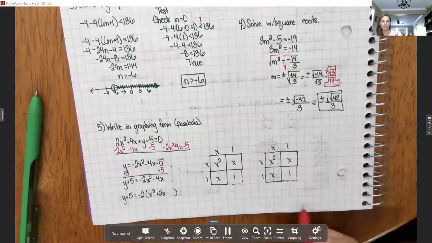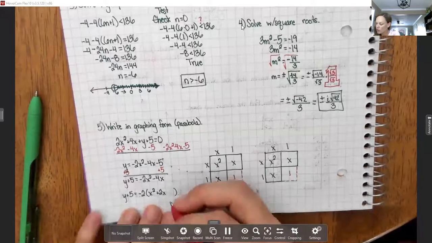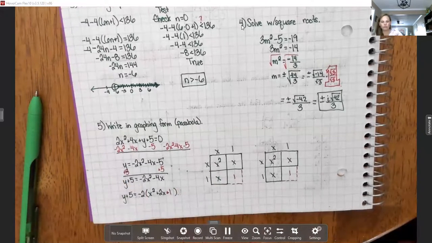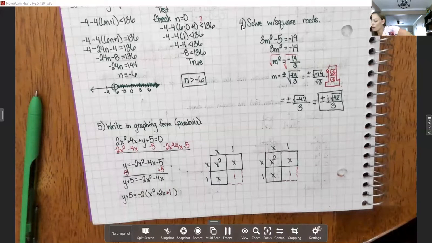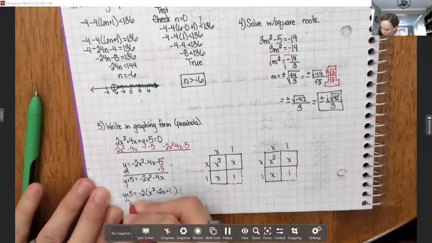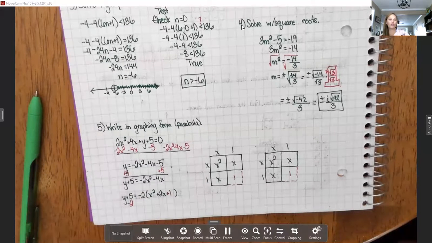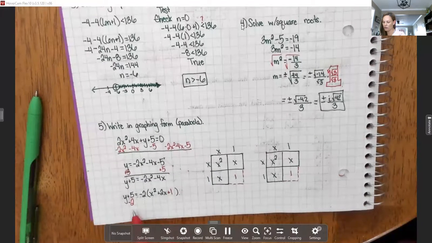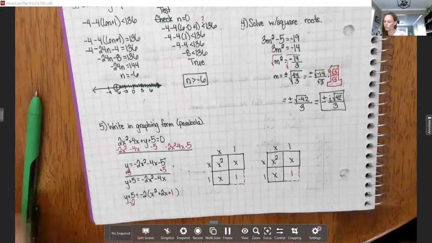So our squares are both missing a 1. So inside my parentheses, that's like writing a +1. But what I'm really putting on the other side is -2. The reason it's -2 is because you have to multiply this -2 times 1. So it's -2.